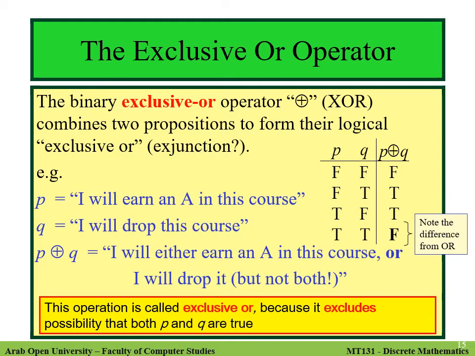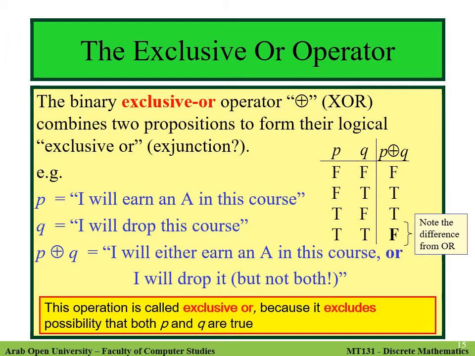You can use the XOR with that. P XOR Q says I will either earn an A in this course or I will drop it. Notice we used OR, but the meaning is exclusive. You still use the word OR in English, but in symbols you have to use the XOR. In the language you could use OR, but this is the exclusive OR in this case.